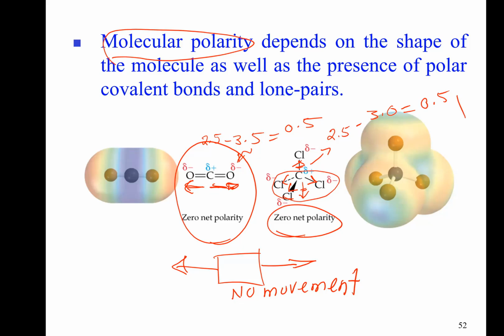You may say, why? One pull is canceling three pulls because of the angle. When you take physics and look at vector sum, you will see that these three pulling electrons toward the bottom is equal to the electron pull toward the top. So net polarity is zero.